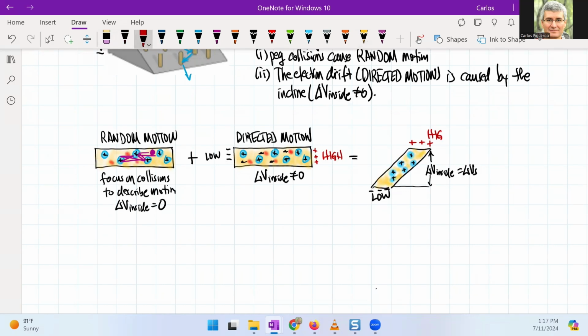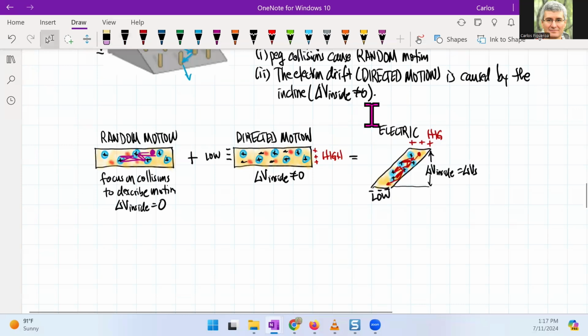And this charge that I'm going to look at is this guy right here. So what happens here is that that charge is now going to go after many, many, many, many collisions before it actually makes it down. This right here is what we call electric current. And I'm going to have to move this down.